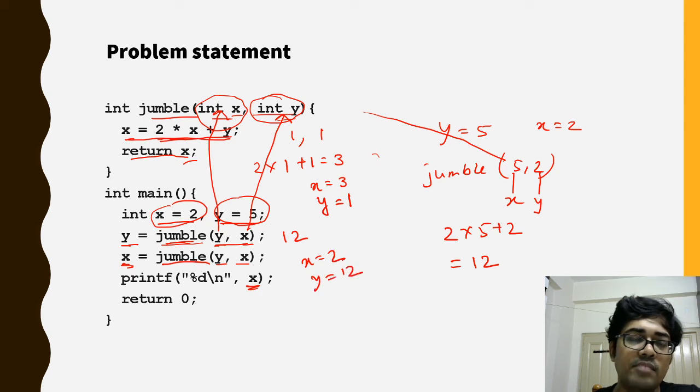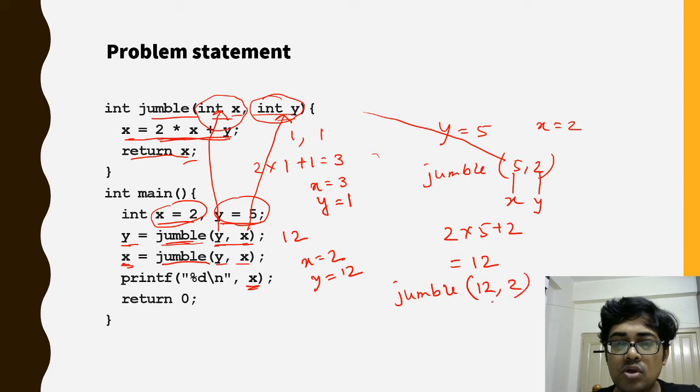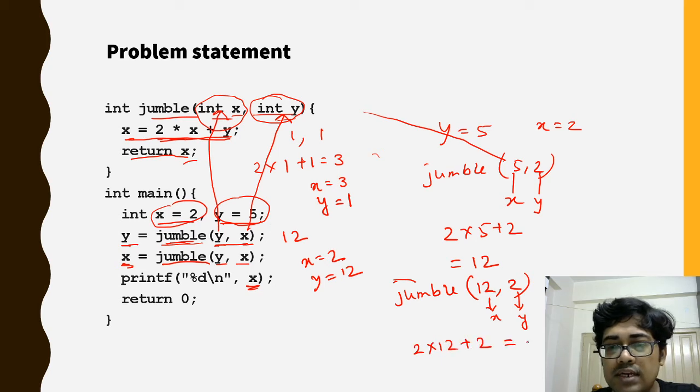Now we are again invoking the jumble method with y and x. That means jumble 12 and 2. So this 12 will go to x and this 2 will go to y in the jumble method. So what will be the value of this expression? The value of the expression will be 2 star x plus y in the jumble method, that is 2 into 12 plus 2, that is 26.